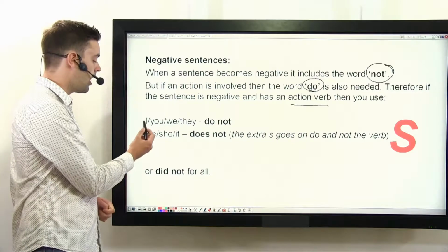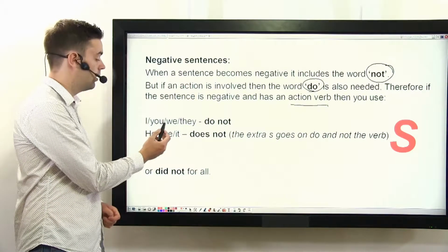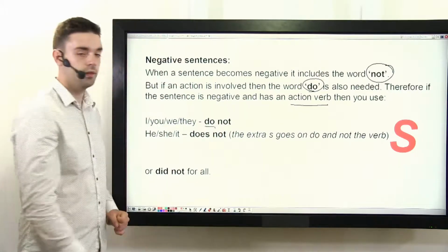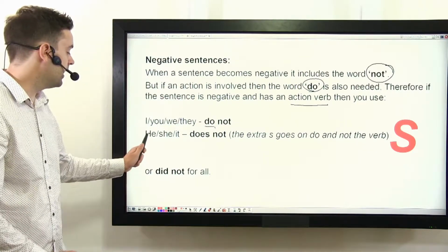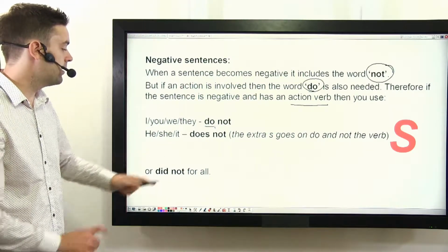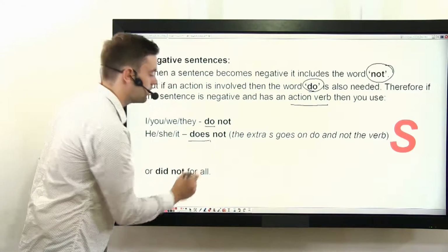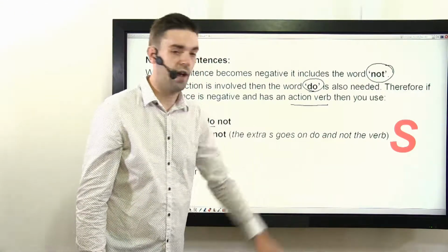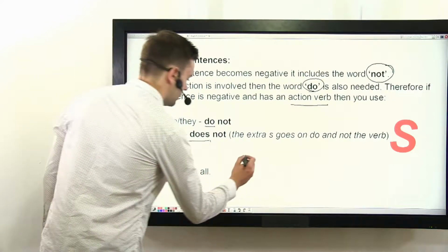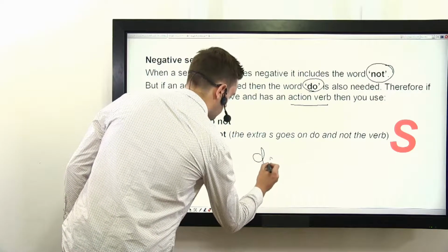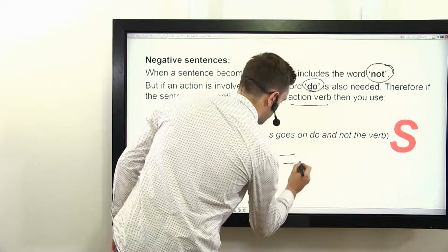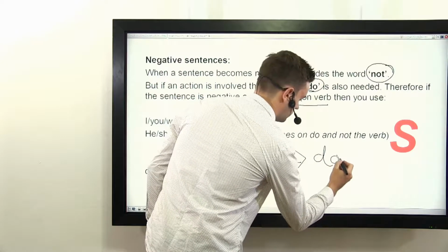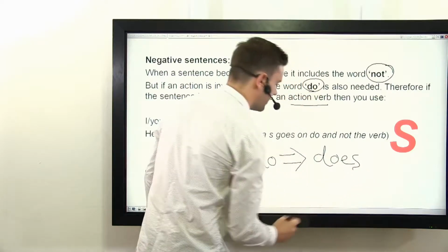If it's I, you, we, or they, it's do not. If it's he, she, it, it's does not. The extra S goes on the do and not the verb. So do changes to does.